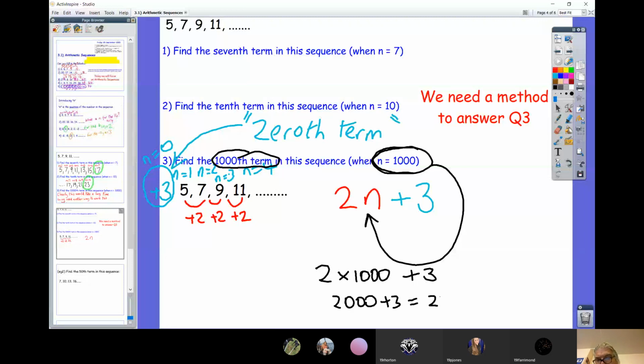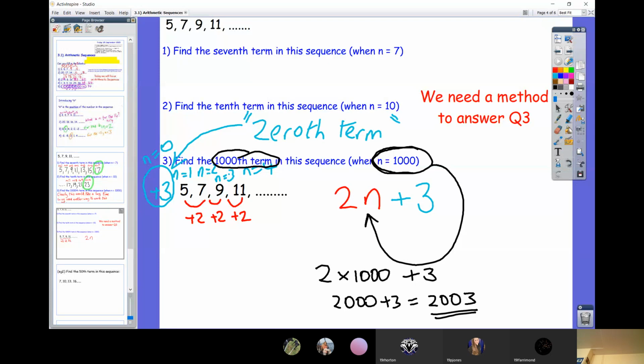So the answer is 2003. I was the closest, sir. Yeah, you're close. Right. Hands up if you can tell me what the millionth term would be. 2 million. Good. What would be the billionth term? 2 billion 3. Look how powerful that expression is.